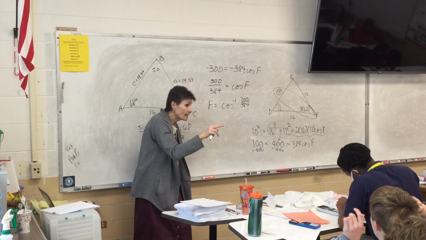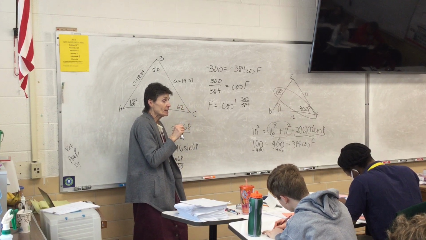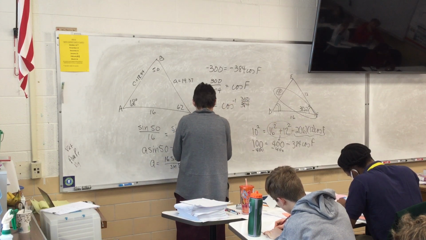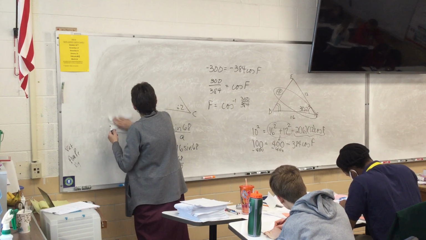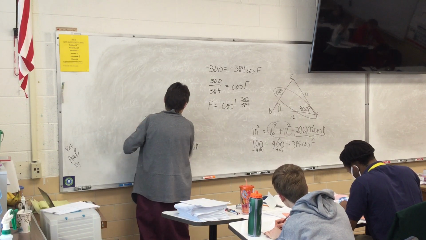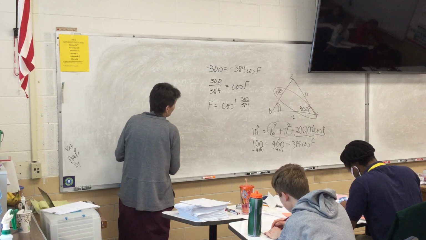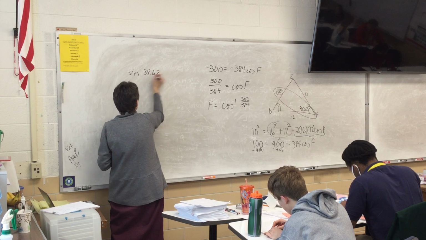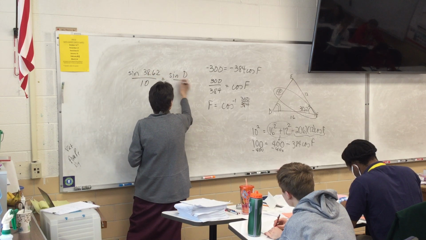So it's completely up to you. We're going to find angle D right now, and you can either set up your law of cosines, or you can do your law of sines. If I do the law of sines, it'll be sine 38.62 over 10 equals sine D over 12.